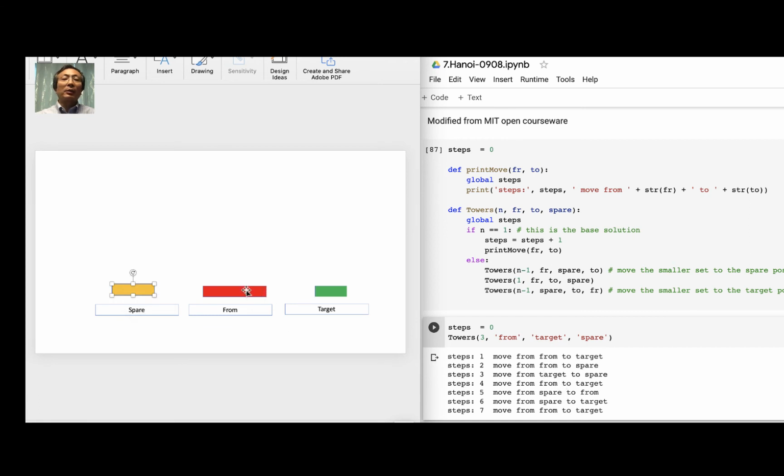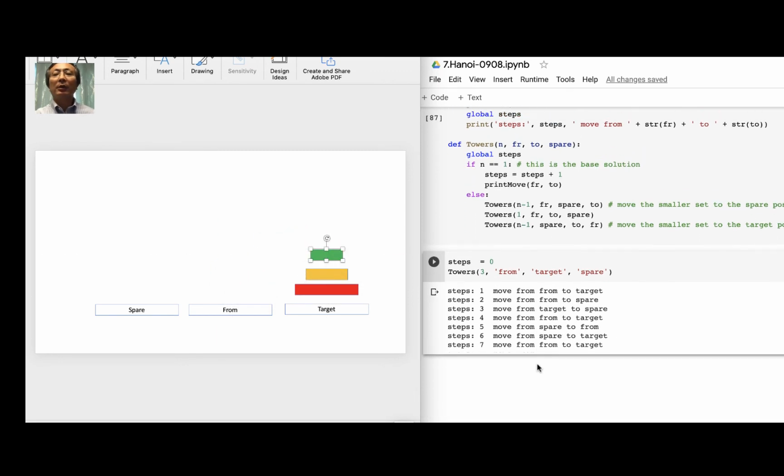Third, target to spare. Fourth, front to target. Fifth, spare to front. Sixth, spare to target. Seventh, front to target. 7 moves.